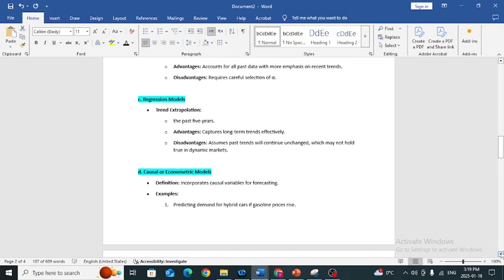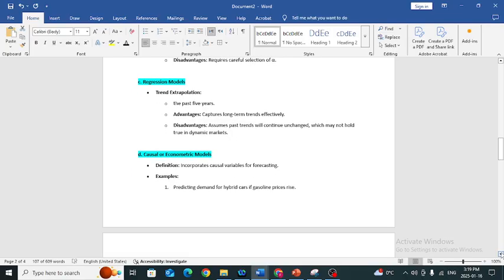The causal or econometric models incorporate causal variables for forecasting. It means that causal variables for forecasting are used in these circumstances, and, for example, predicting demand for hybrid cars if gasoline prices rise.